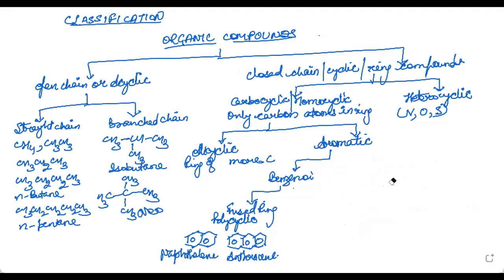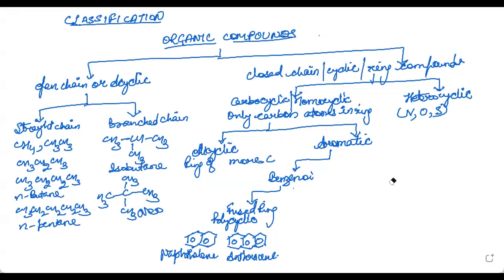Now in tropone and in tropolone, there is a carbon oxygen double bond, but the oxygen is not part of the ring. So it will not be considered as heterocyclic. In heterocyclic compounds, the heteroatom will be the part of the ring, right?